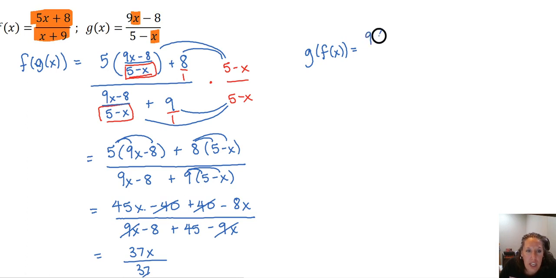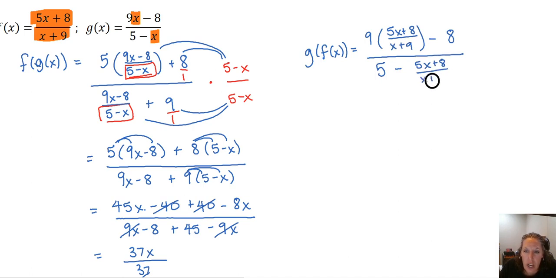So we're going to get 9 times that fraction, 5x plus 8 over x plus 9, minus 8 in the numerator. In the denominator, we're going to get 5 minus that fraction, 5x plus 8 over x plus 9. And then just like we did on the last one, let's multiply by that denominator of x plus 9.